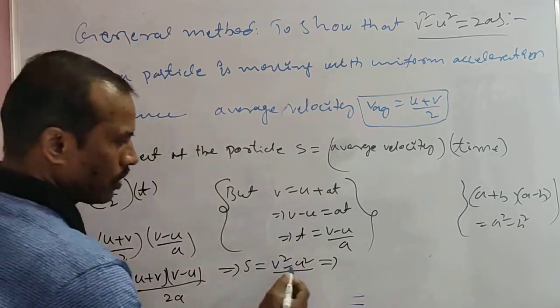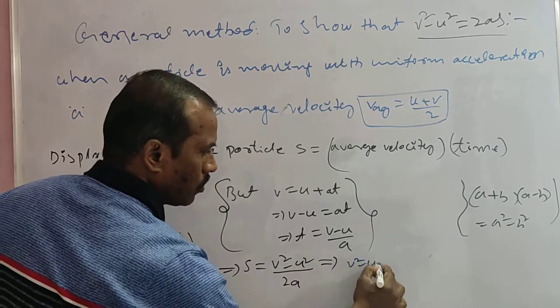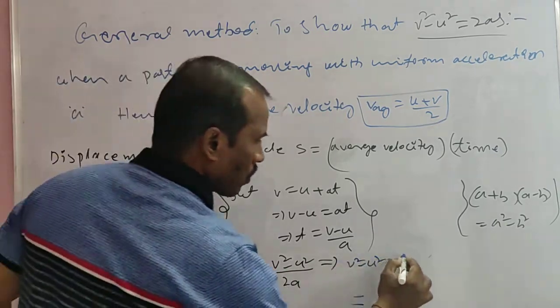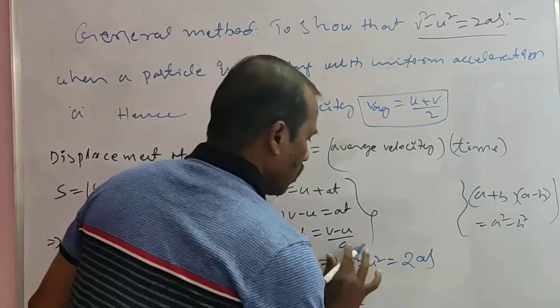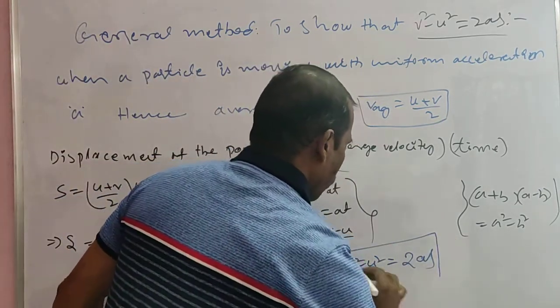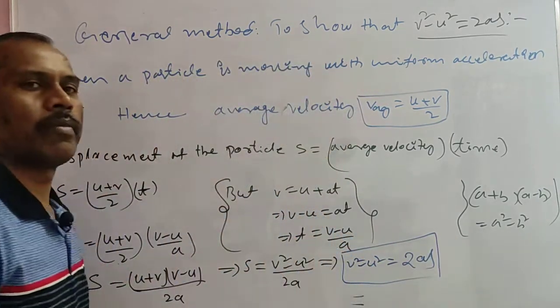So v square minus u square is finally equal to 2as. This is the third kinematic equation of a particle.